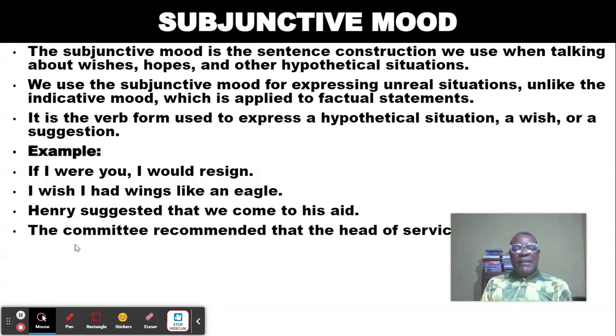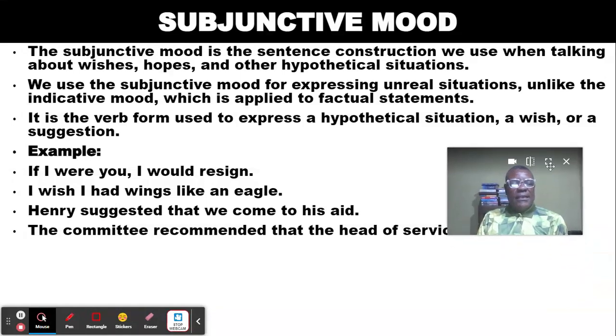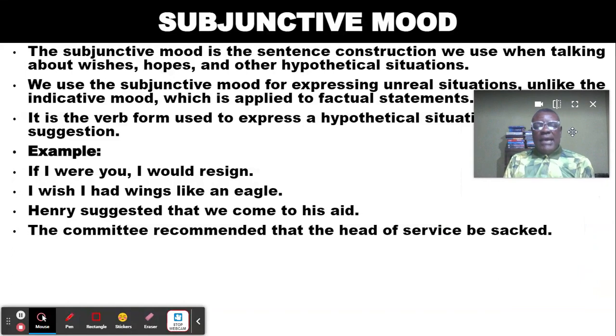The committee recommended that the head of service be sacked. Be sacked. Okay? So you cannot say that the head of service is sacked. No, be sacked.